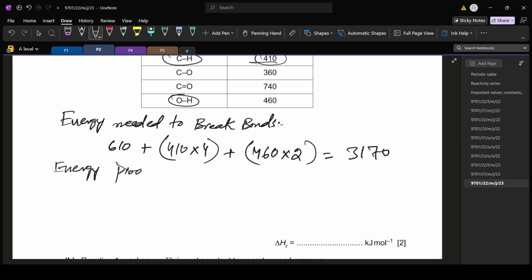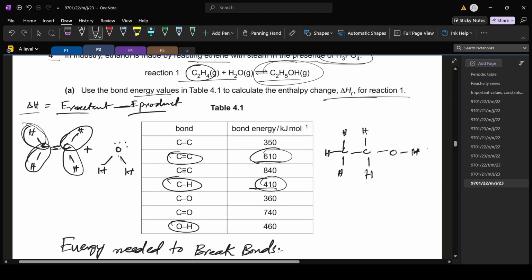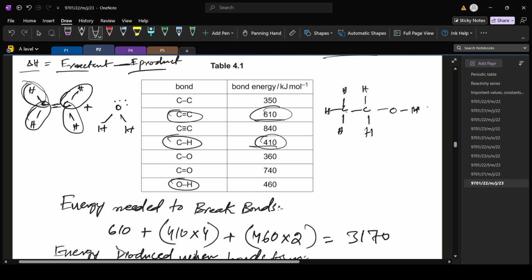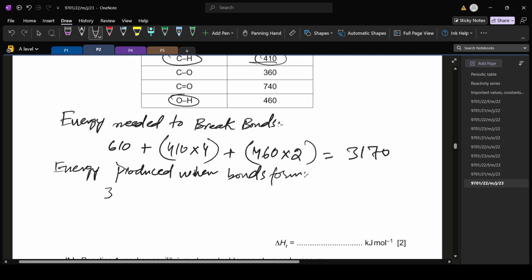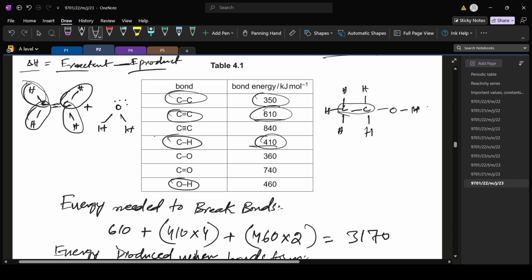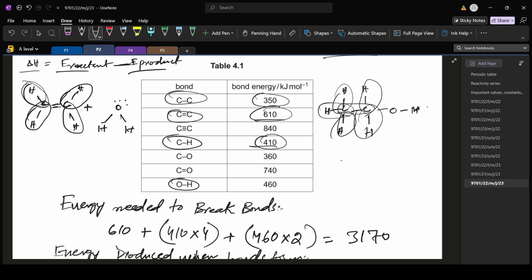Now you will calculate the energy produced when bonds form, so it's actually the energy of products. There is one carbon-carbon single bond, and it has an energy of 350, plus there are 1, 2, 3, 4, and 5 CH bonds.